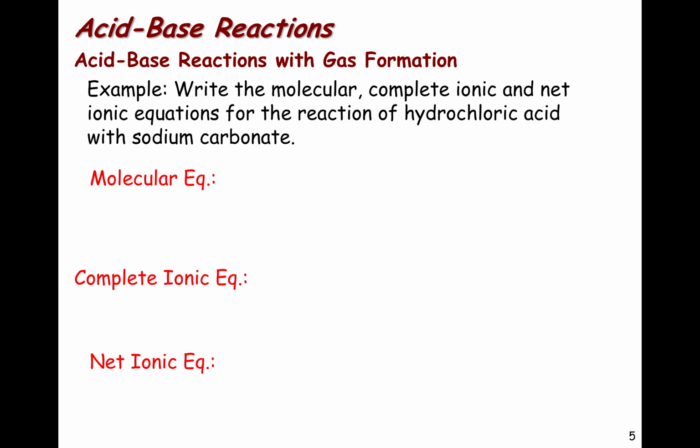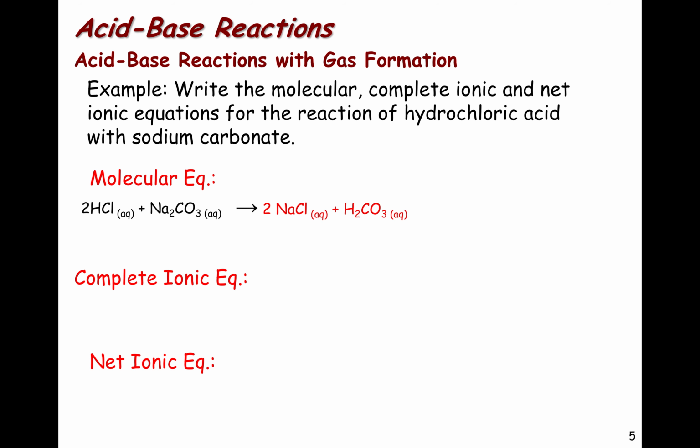So, as an example of this in writing the complete ionic and the net ionic reaction, if we react hydrochloric acid with sodium carbonate, we can have the acid HCl react with sodium carbonate. It takes 2 HCl's to do this reaction.